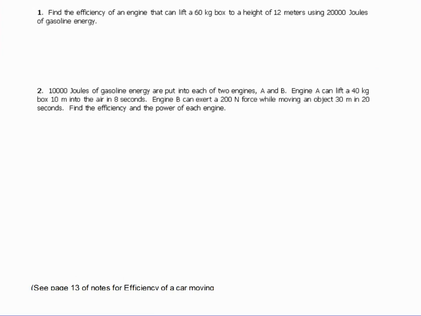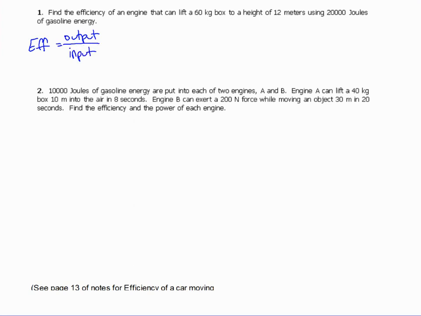So number one, find the efficiency of an engine that can lift a 60 kilogram box to a height of 12 meters using 20,000 joules of gasoline energy. And so let's start with our efficiency formula. So output divided by input.